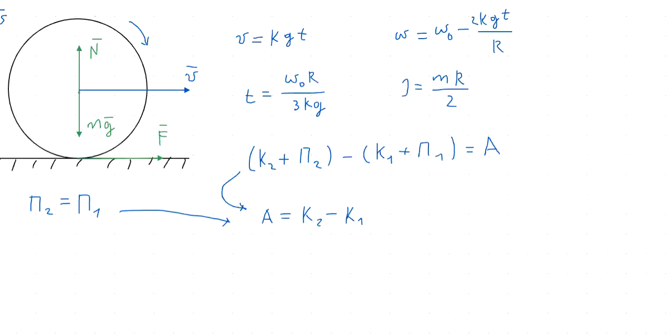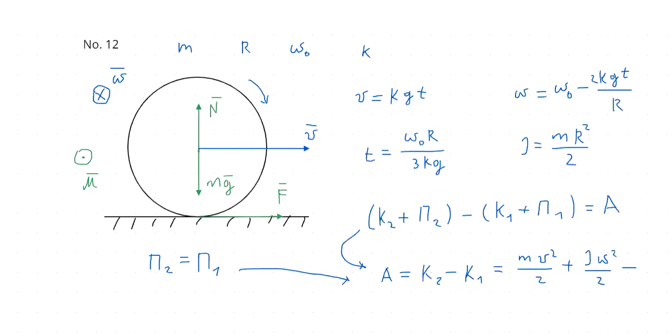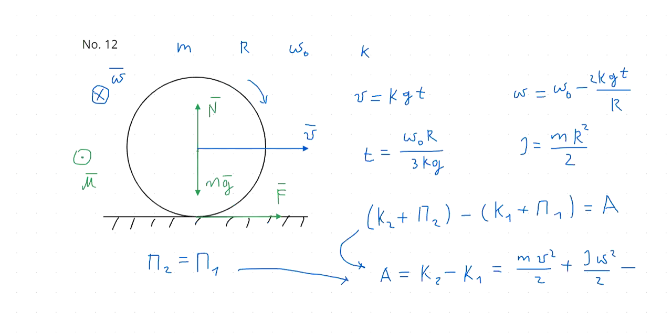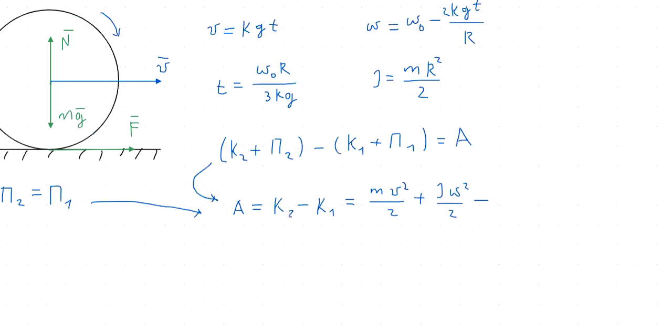Kinetic energy in this case is the sum of kinetic energy of linear motion of the center of mass, so it will be m v squared divided by 2, plus rotational kinetic energy, I omega squared divided by 2, and minus, in the initial position at the initial moment in time, we have only angular velocity.